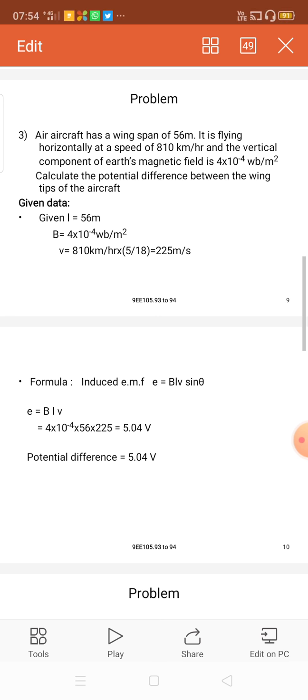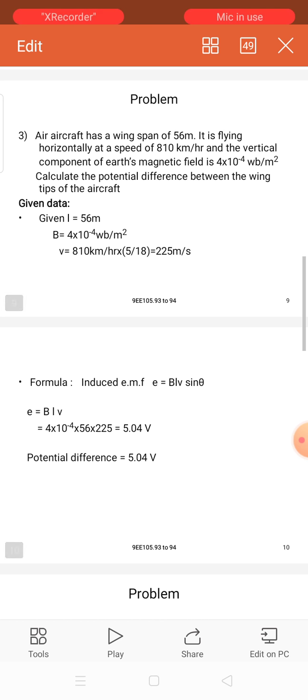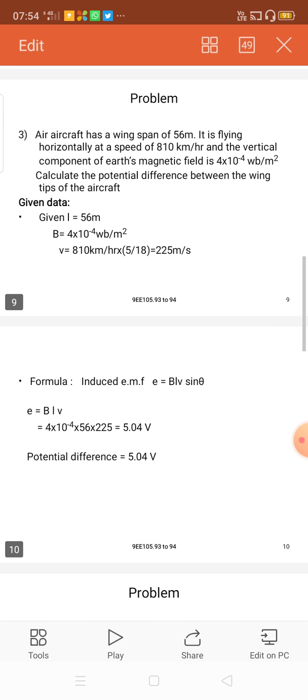The vertical component of the earth's magnetic field is 4 into 10 power minus 4 Weber per meter square. Calculate the potential difference between the wing tips of the aircraft.